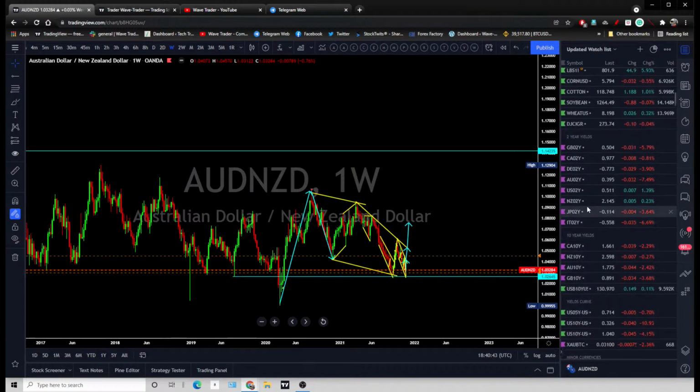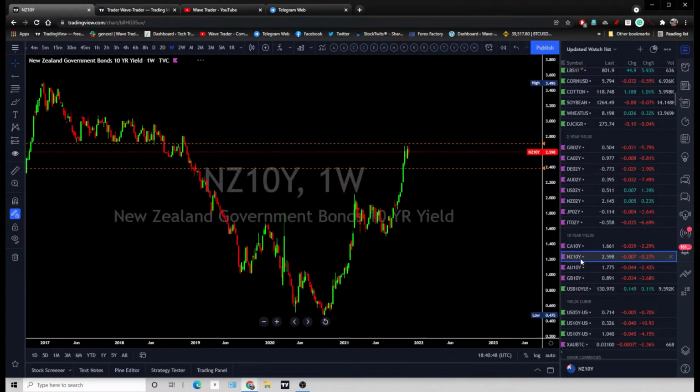The interest rate you are having in New Zealand on the 10-year yield is around 2.60, and they are already raising the interest rate.